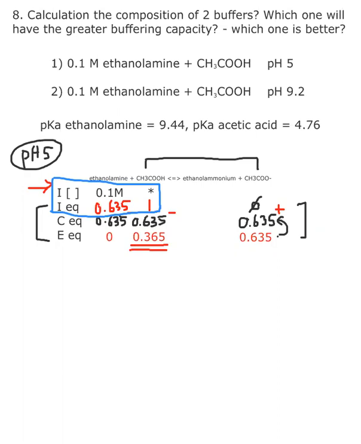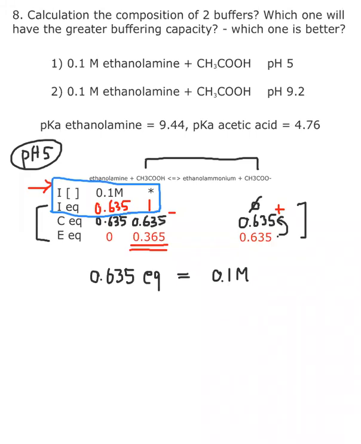So we can say that 0.635 equivalence equals 0.1 molar. Because from the equations, it starts with ethanolamine 0.1 molar, and then at equilibrium, we have to take all of the ethanolamine out of the system. And so we know that the initial equivalence of ethanolamine is 0.635. So we can say that 0.635 equivalence would equal 0.1 molar.